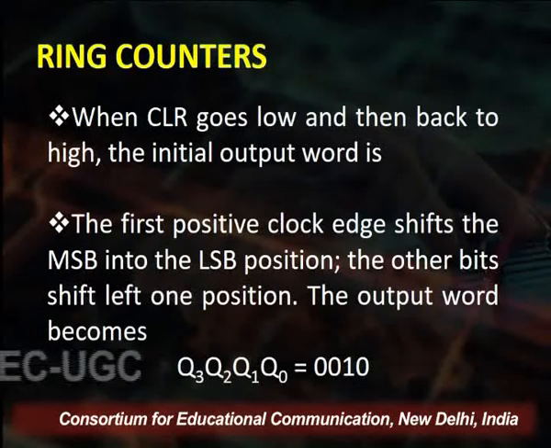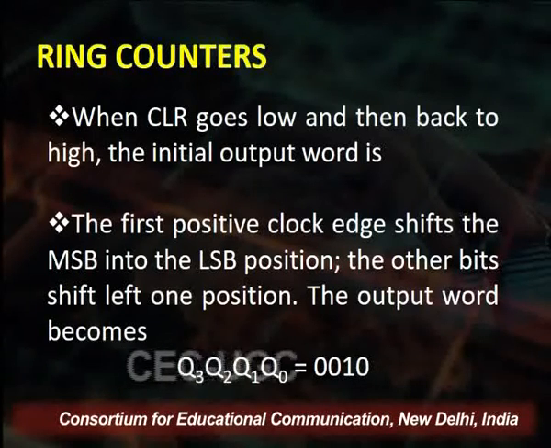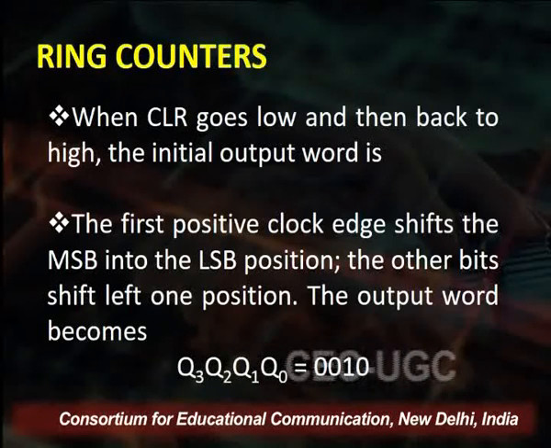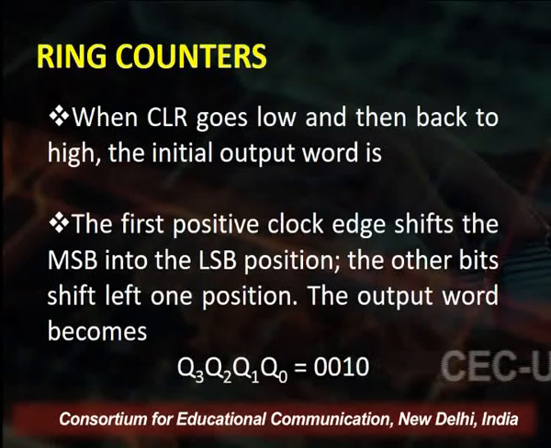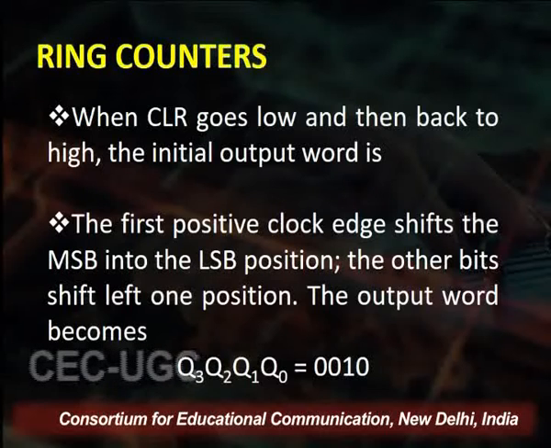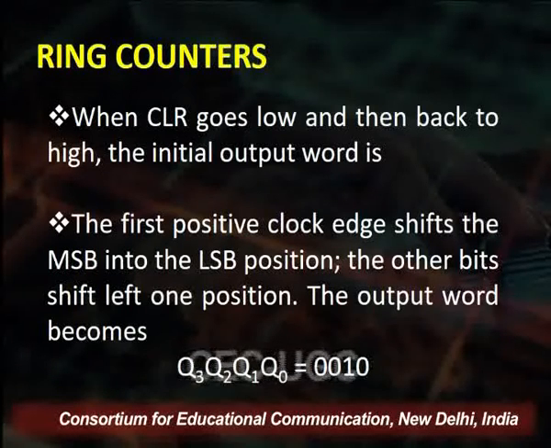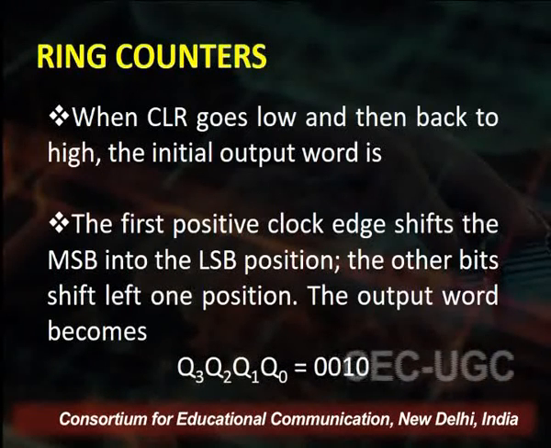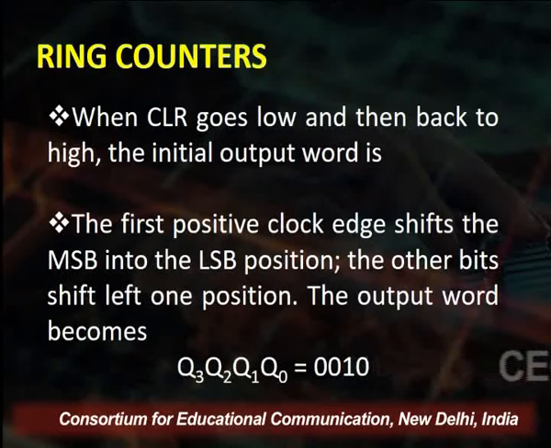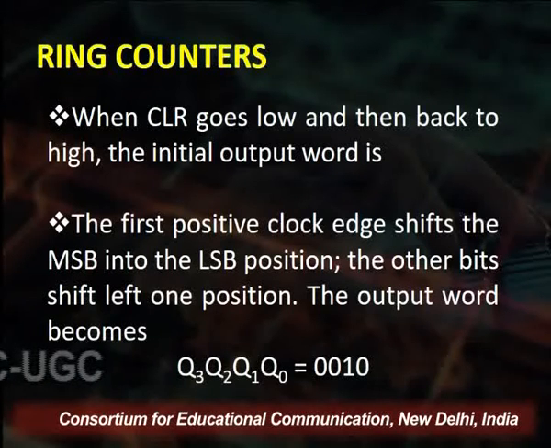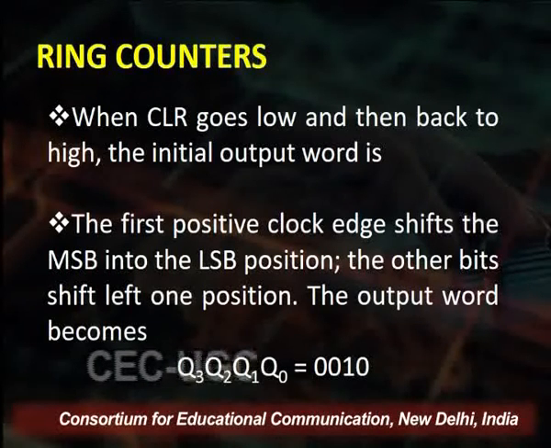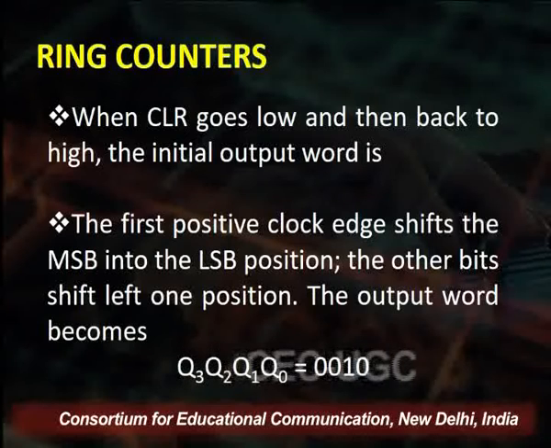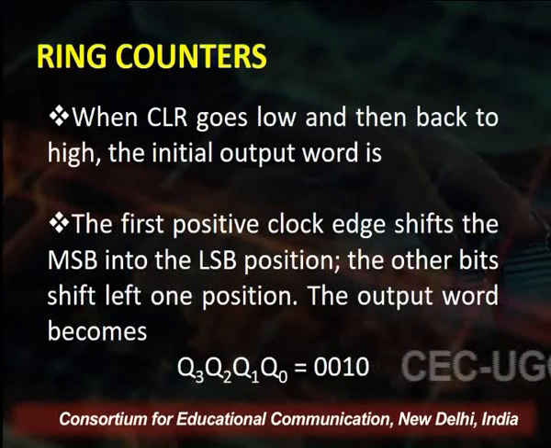Applications of these ring counters are the cases where we have to address a particular memory site. For example, take the case of a lift. In a lift, we have to go to a particular floor. When we go to a particular floor, we press the floor button. Let's say we stay on the 11th floor, so I press the button 11.